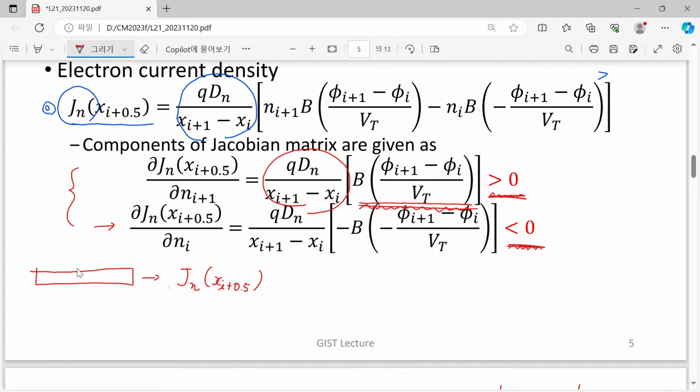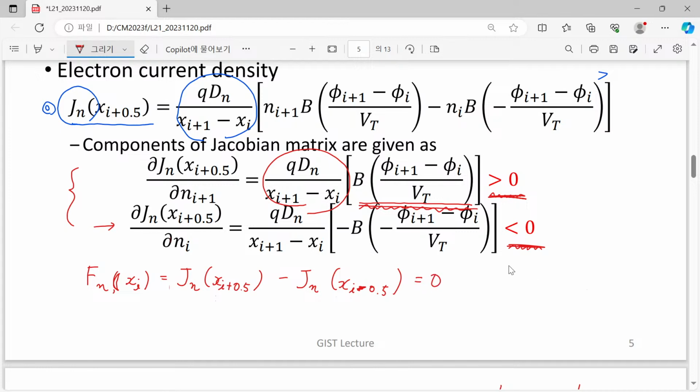Actually, when you consider your electron continuity equation, for example, let me write down f for y, defined on xi. This is given by Jn minus Jn minus 0.5 equal to 0.